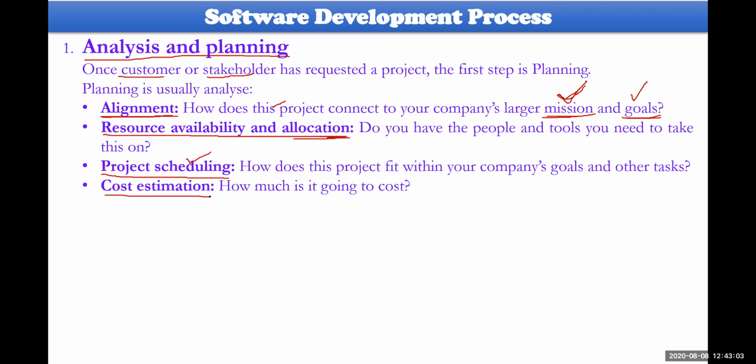How much cost is going to be incurred for the development of this particular project? For example, a mobile application to be developed in 3 different domains: iOS, Android, and Microsoft Windows. For each development environment, you have to recruit some 7 to 8 people.